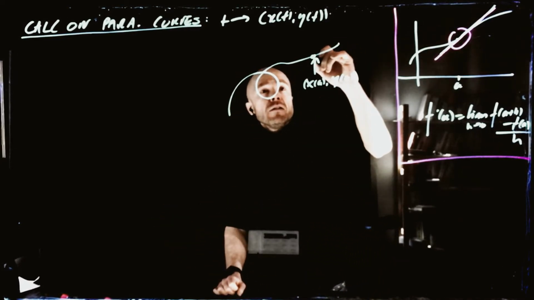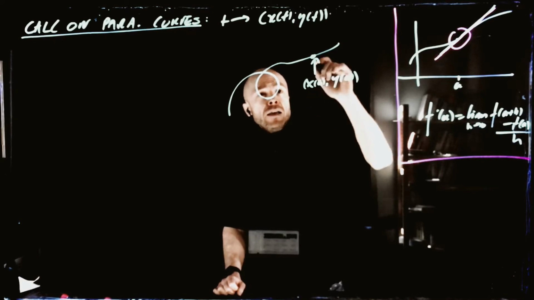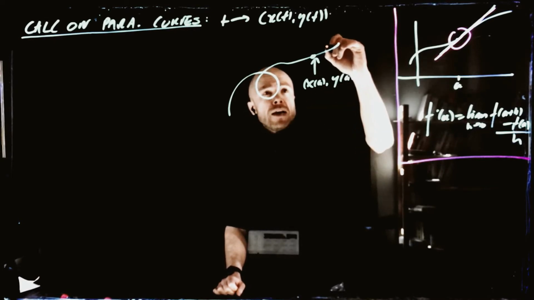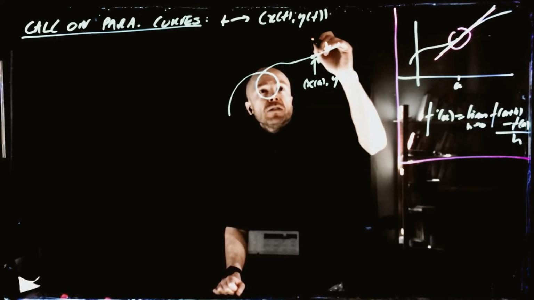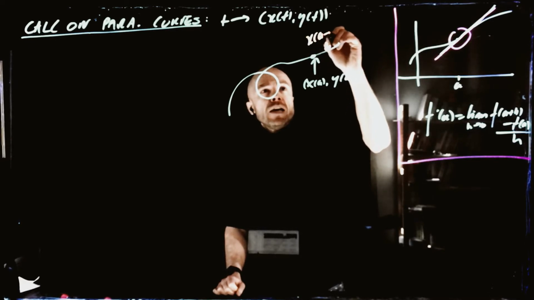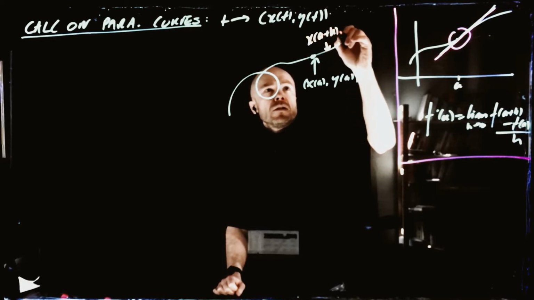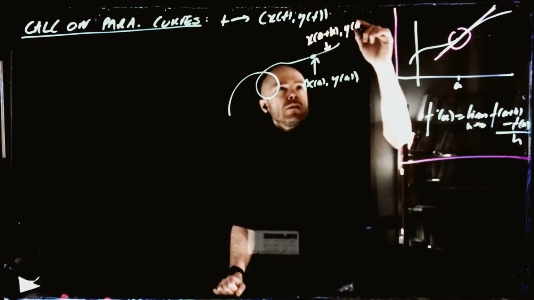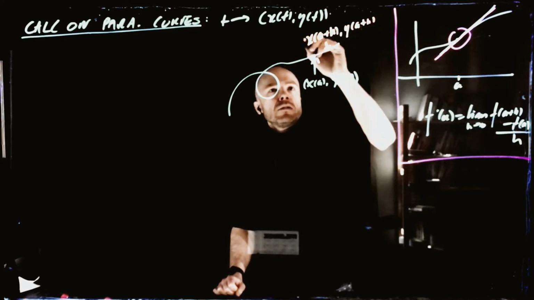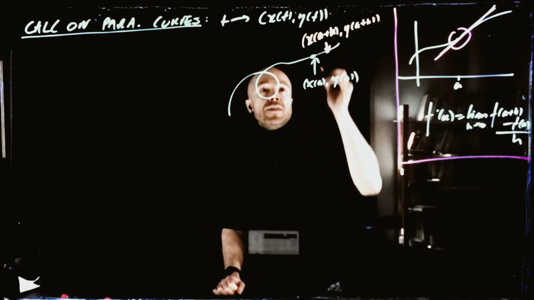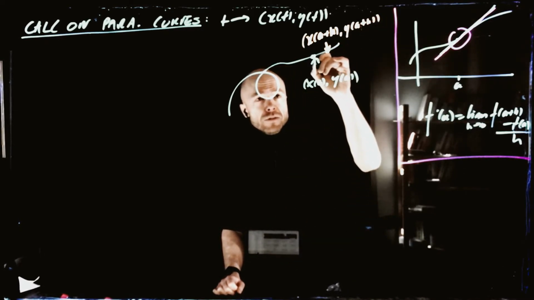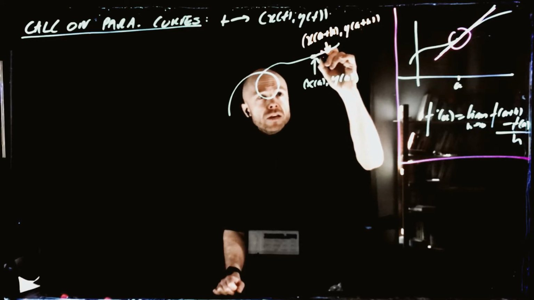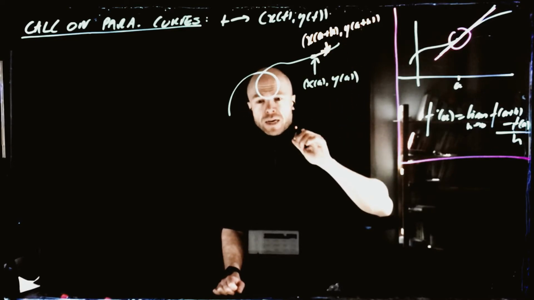We say, okay, here we are at A, so this is time A. If we move forward to time A plus h, this is x of A plus h, y of A plus h, and we would have this point right here. Then we consider the difference, what happens when we go from here to here, and we divide it by h.